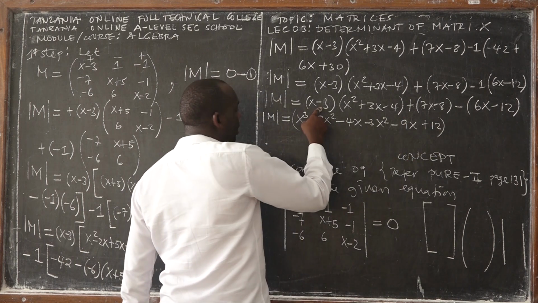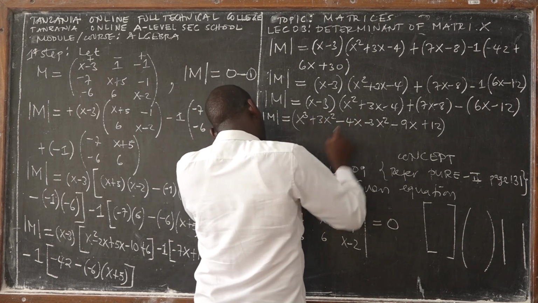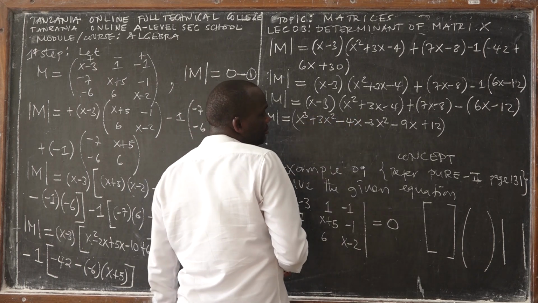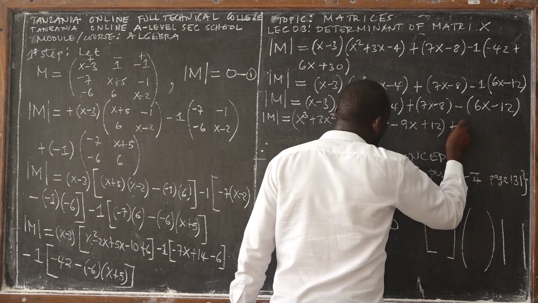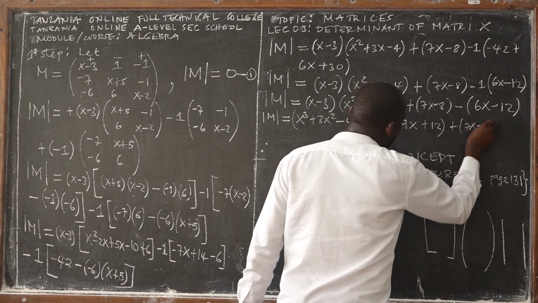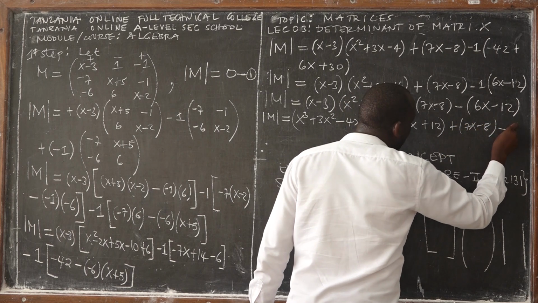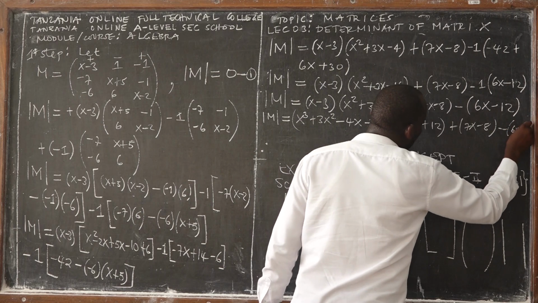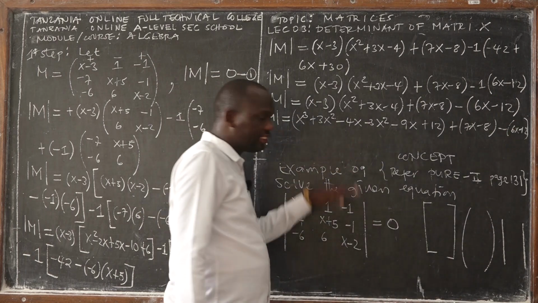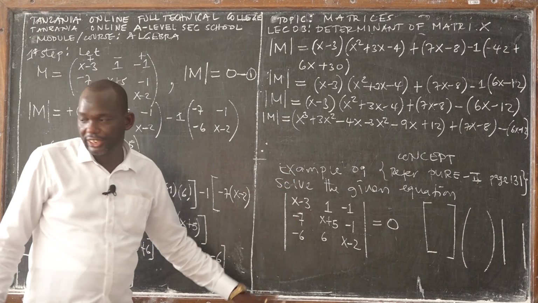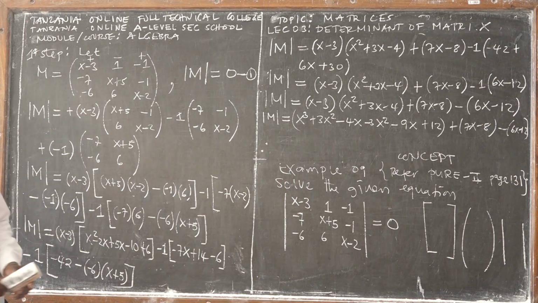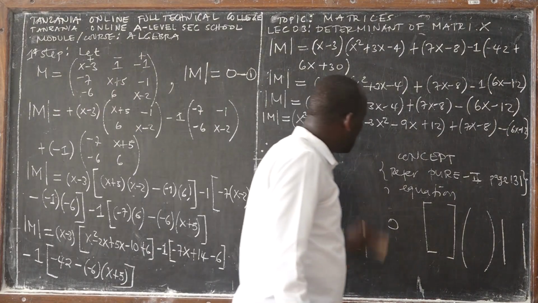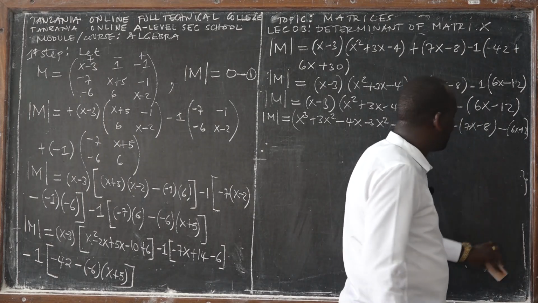This is the expansion of the linear function and the quadratic function. Then plus 7x minus 8, minus 6x minus 12. Did you write this? Yes. Be patient. Tell your neighbor, be patient in mathematics.